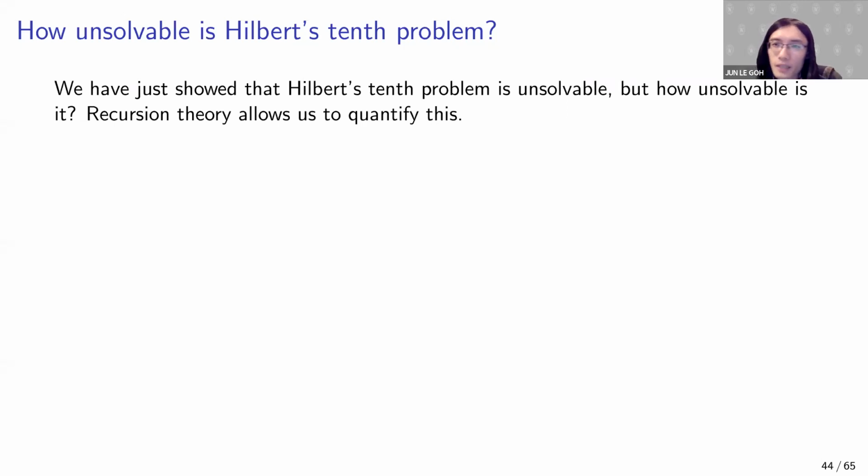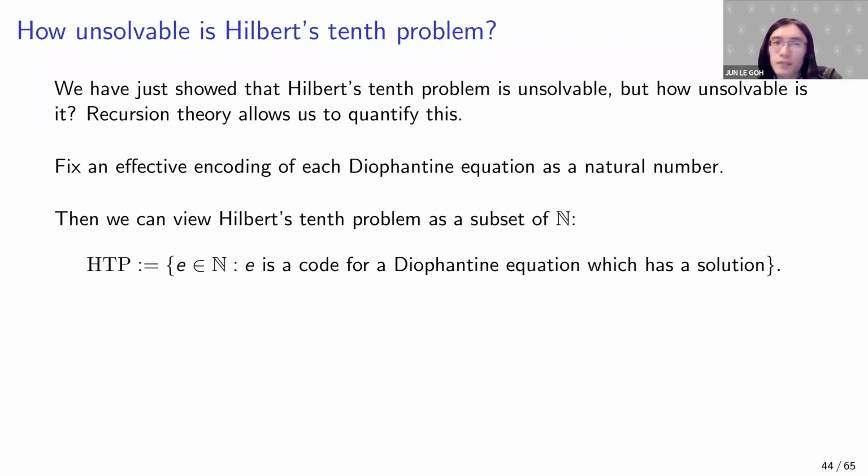So we want to think of Hilbert's 10th problem as a set of natural numbers, and we can do that by fixing an encoding. Again, I'm sweeping some details under the rug. We want to encode each Diophantine equation as a natural number in an effective way.